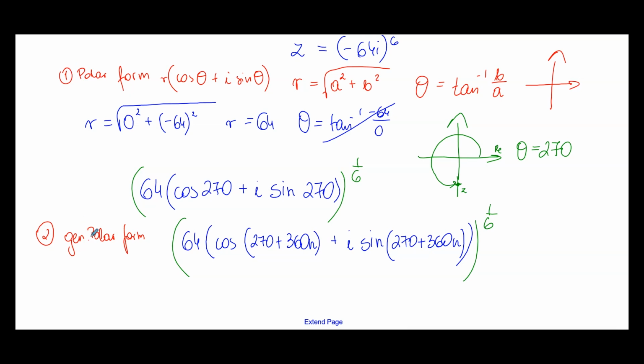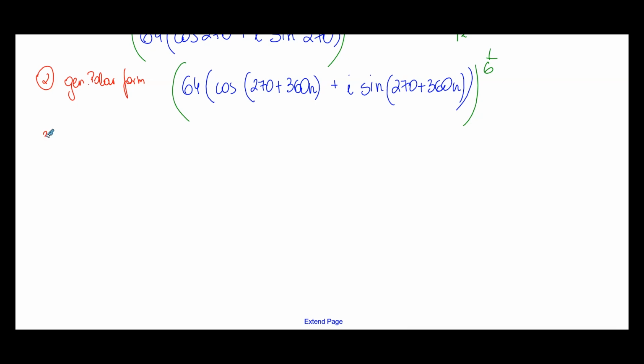So that is the polar form, the general polar form. And now at the next stage, I am applying the theorem. Applying means what? We know that this value here is taken to the power of 1 over 6, and then my angle will be multiplied by 1 over 6.